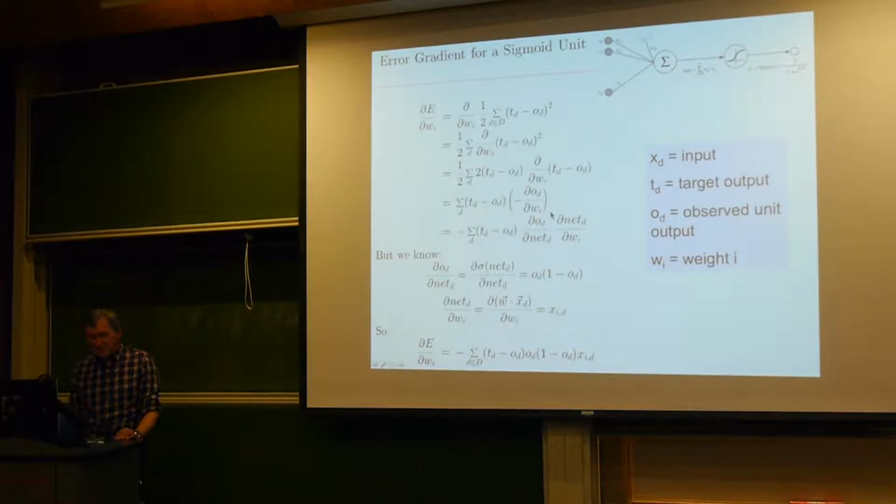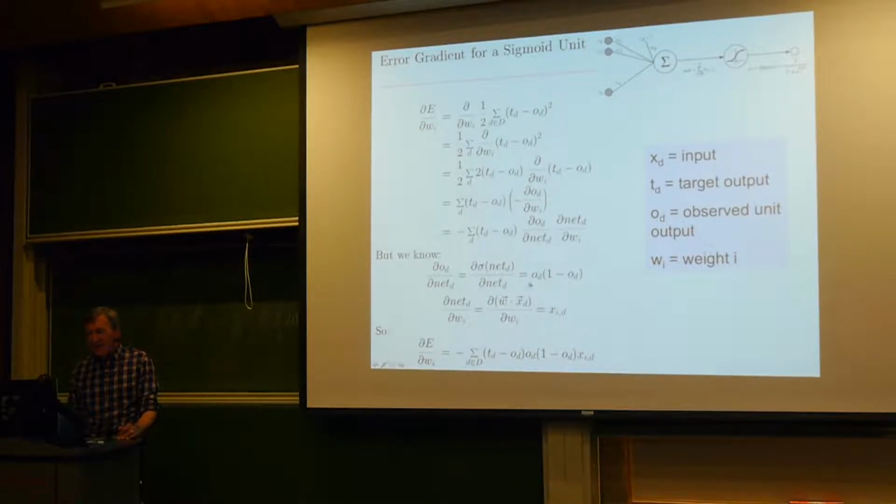If I define net to be the weighted linear sum of the inputs, multiplying each by its individual weight, and the output is the sigmoid function of that, then the chain rule lets me decompose this into those 2 steps.